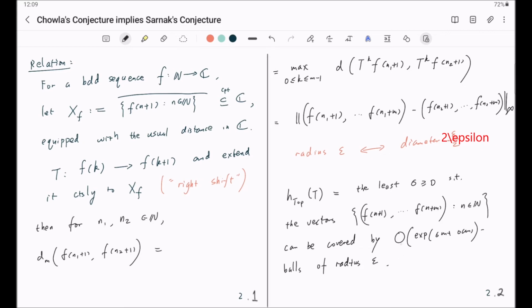The implied constant here, remember, depends on epsilon and f. This is true for any epsilon greater than 0. So those two definitions are equivalent, if you identify this bounded sequence with this topological dynamical system.